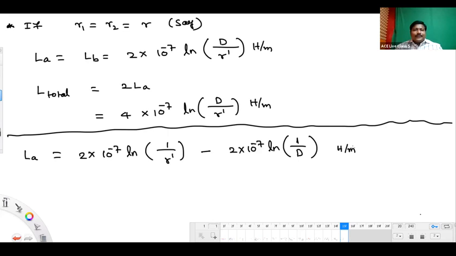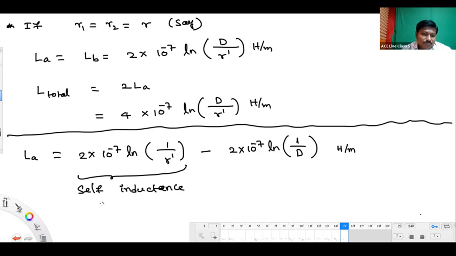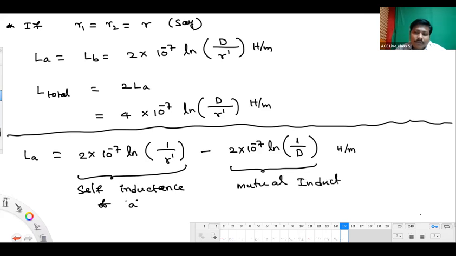The first term we call the self term, or sometimes the self-inductance of conductor A. And this we call the mutual term, or the mutual inductance between conductors A and B.